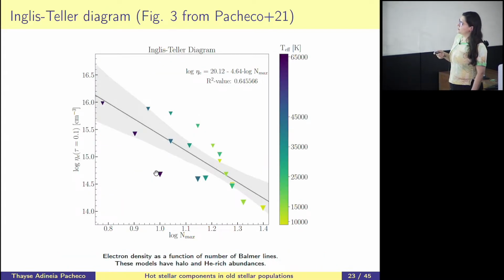We also have this Inglis-Teller diagram, which shows the electron density at this depth as a function of the number of Balmer lines we can see. As most of the hydrogen is ionized for the hottest stars, we almost can't see the Balmer lines for the hottest stars.